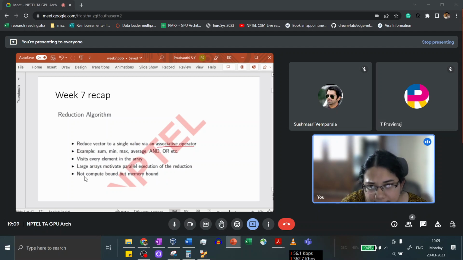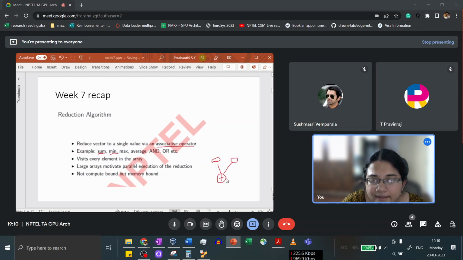Also notice that reductions are not compute bound but memory bound, because these are usually very simple computations. For instance, if you consider a sum, you take two inputs and perform one operation. So the memory activity of this operation, reading two operands, is actually more intensive than the computation itself.